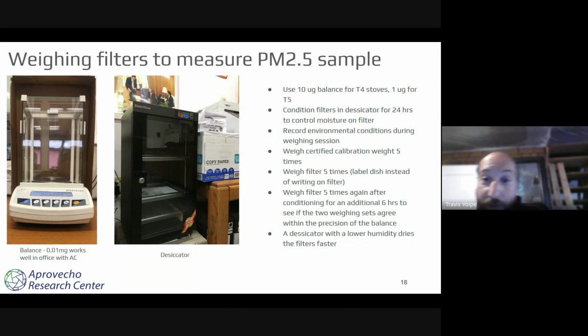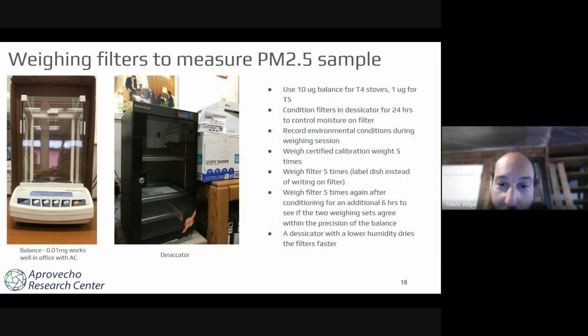We record these environmental conditions during the weighing session, so we know the temperature and the humidity of the lab. We use a certified calibration weight to ensure accuracy and precision of the scale before any weighing session. Each filter gets weighed 5 times, and an average is calculated.